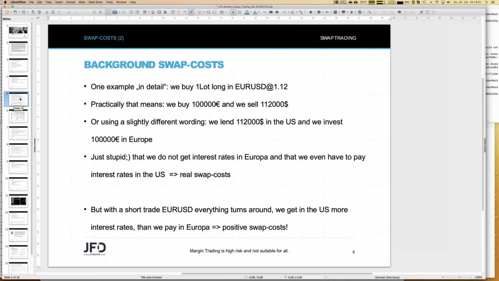So in order to have swap profits, we need high differences in interest rates in different regions and then going just in the right direction. That's all. That's the story behind positive swap costs.